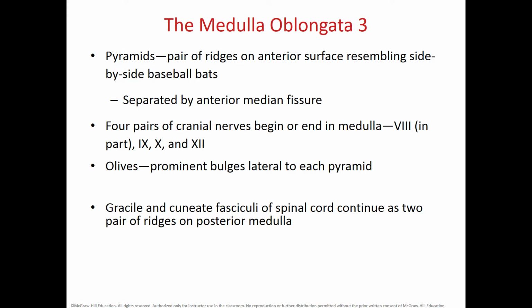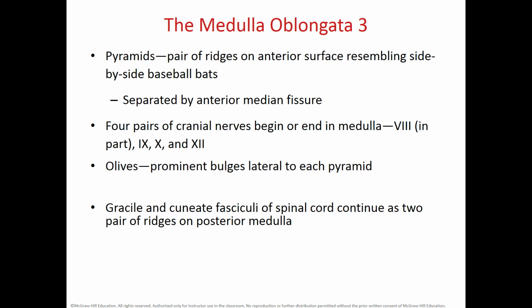Anteriorly, the medulla oblongata is characterized by the crossing of nerves coming from the cerebral cortex that we already talked about, called the pyramids. These pyramids are separated by the anterior median fissure.